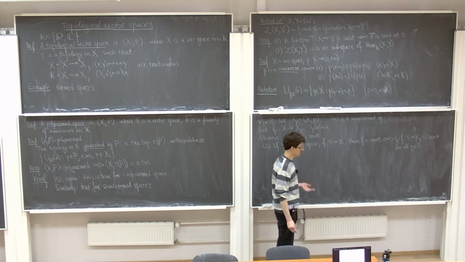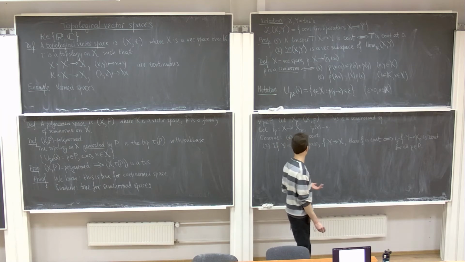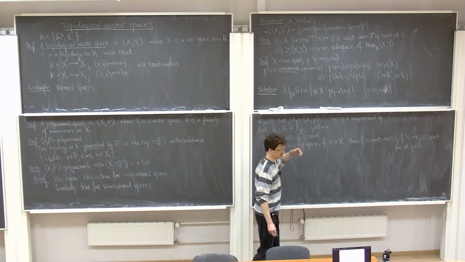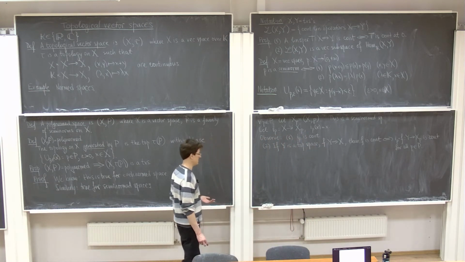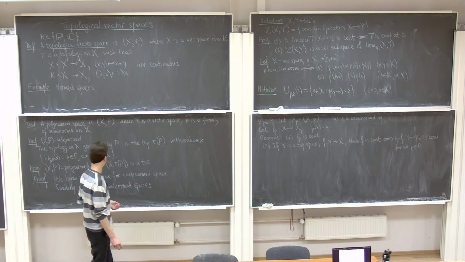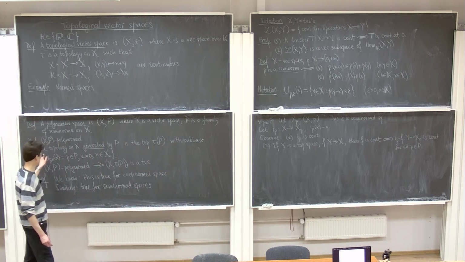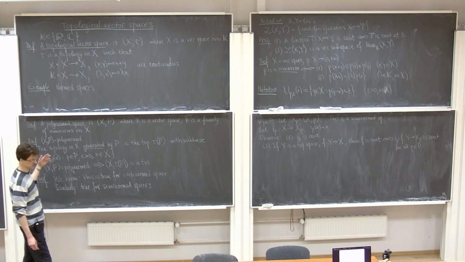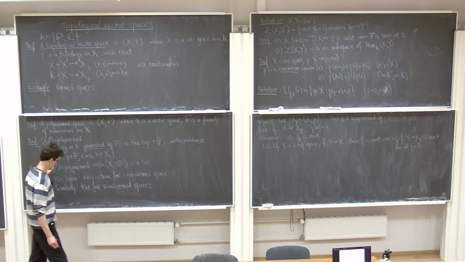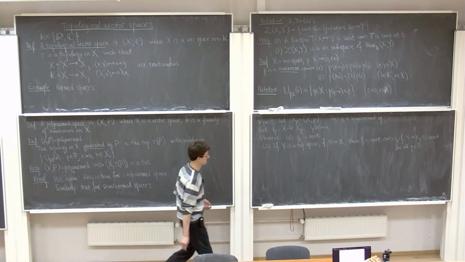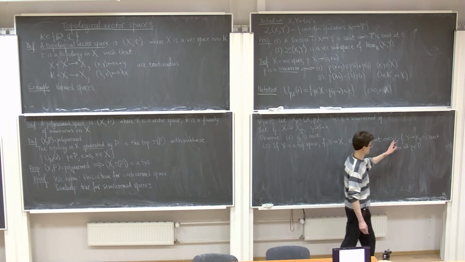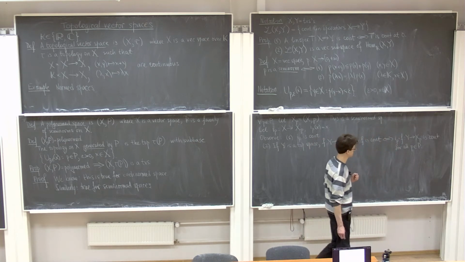And again, this is immediate from the definition, because f is continuous if and only if the preimage of any open set from the subbase, that is, the preimage of each such ball, is open in Y. But this means exactly that this composition is continuous for all p.